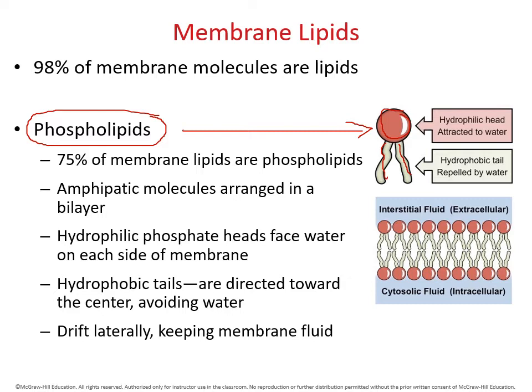and that means that it's going to be water-fearing, so it repels the water, which sounds a little weird. Why would we have a hydrophobic component in our plasma membrane if we know that our body is mostly made out of water? But it turns out that we need both of these elements, the hydrophilic and the hydrophobic components, to create a semi-permeable environment.